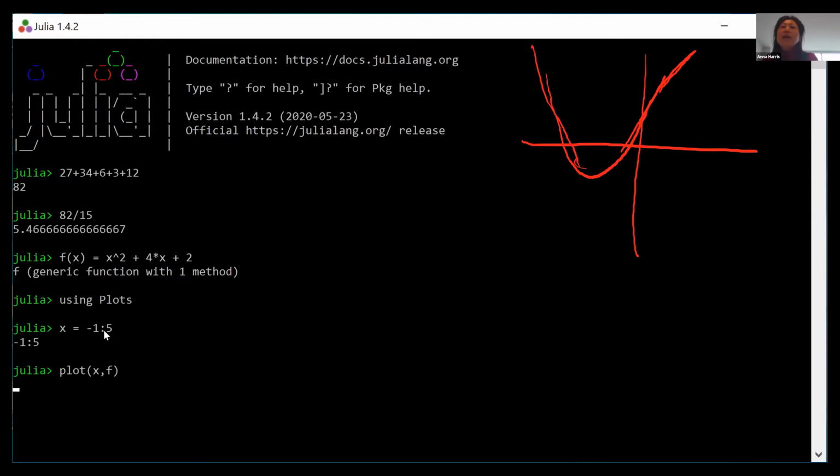But anyway, you don't have to worry about using plots and all that. This is the red graph that I just showed you on your screen.